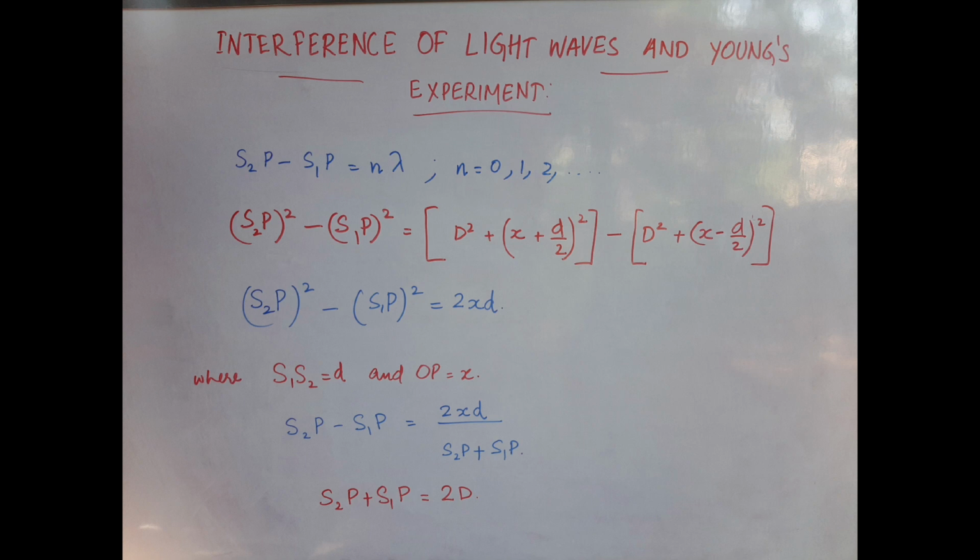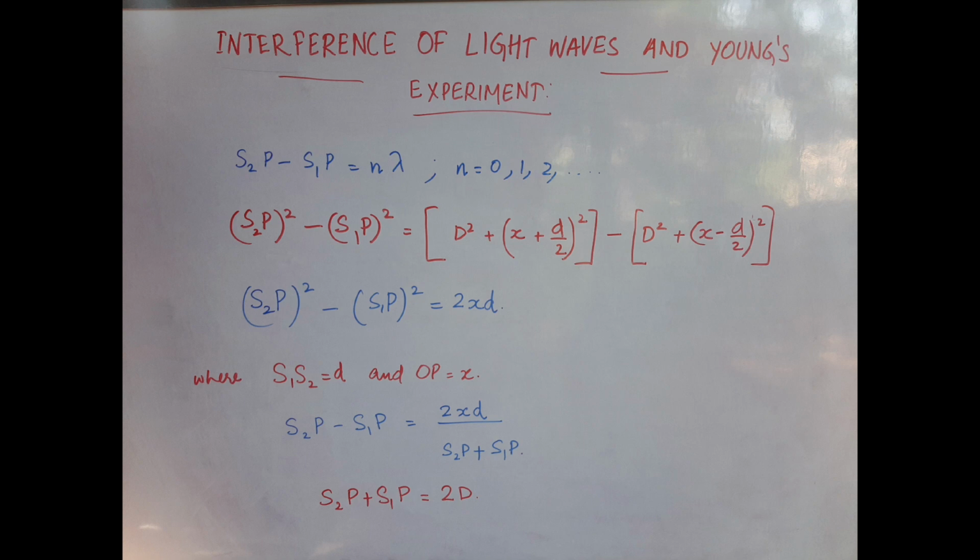Then we assume S2P minus S1P is equal to n lambda, where n is equal to 0, 1, 2, 3, etc. Starting with the left hand side, we can take S2P whole square minus S1P whole square. Here we can consider two right angle triangles in the diagram, so that S2P is the base of one triangle, and S1P is the base of the second triangle.